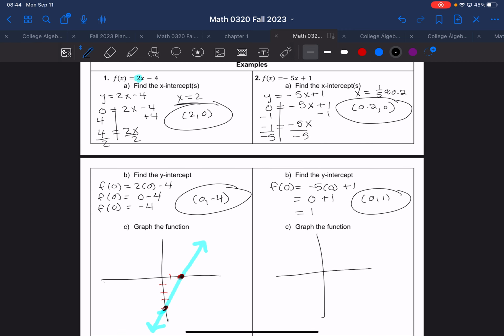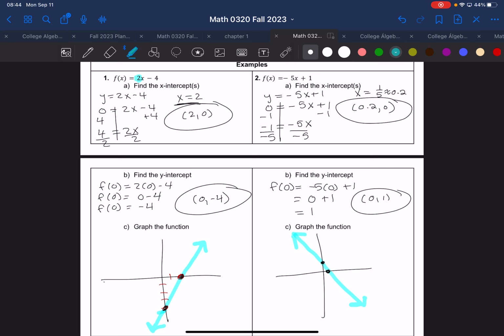So then plotting this, first plotting that point 0.2, 0, and then that 0, 1. Again, I'm not just connecting those two dots, I am drawing a linear graph through those dots.